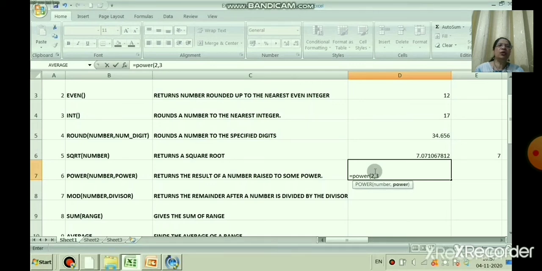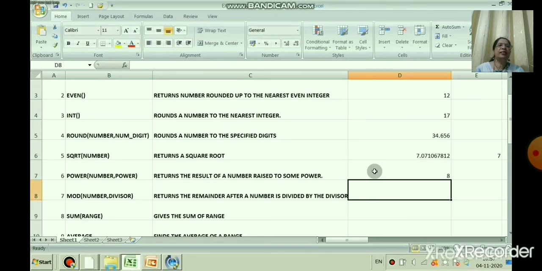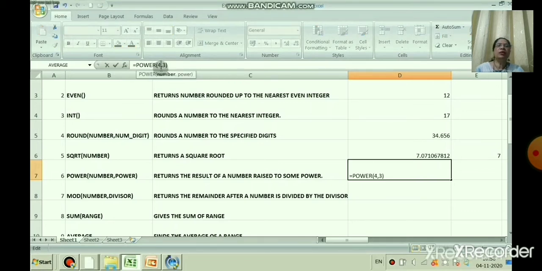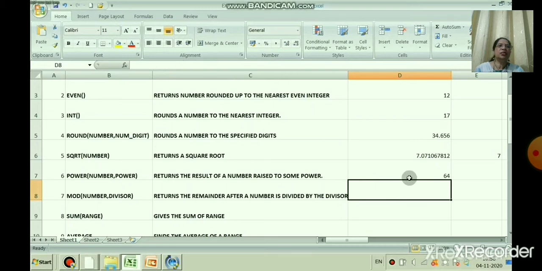Okay. 2 raised to 3. So all of you know the answer also, 8, right? Let me see now and press enter. Can you see the answer over there? 8. Is it right? Yes. Now same thing, is equal to POWER. Now we will take one more number, 4 raised to 3. Okay. 64. Yes. So understood?